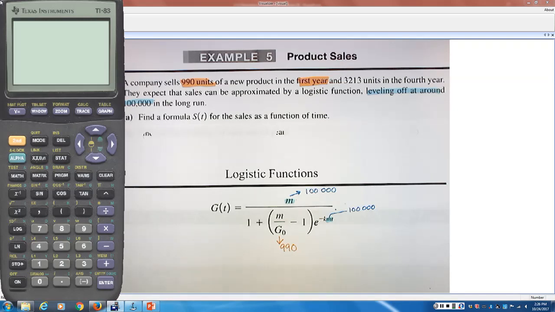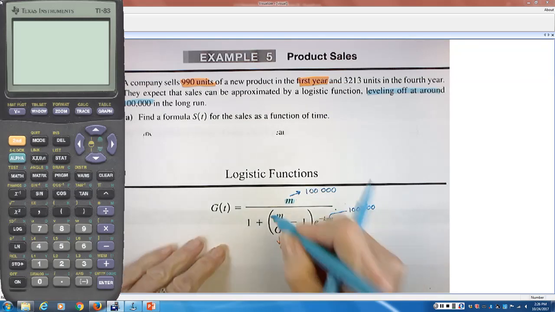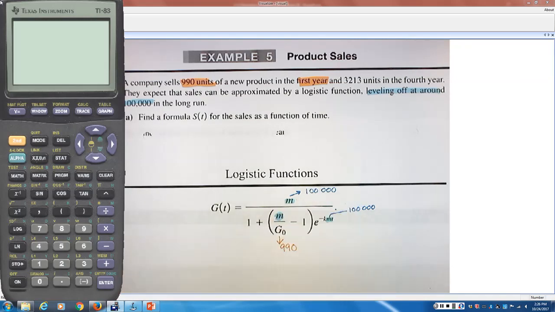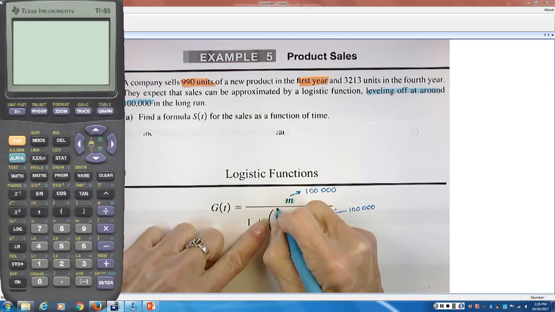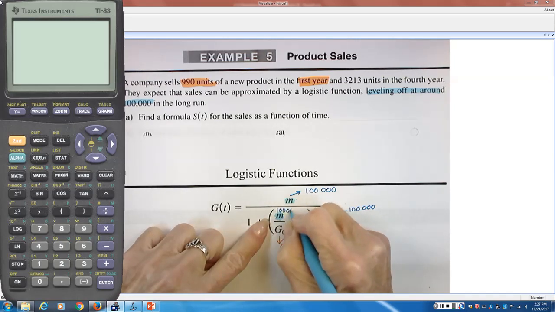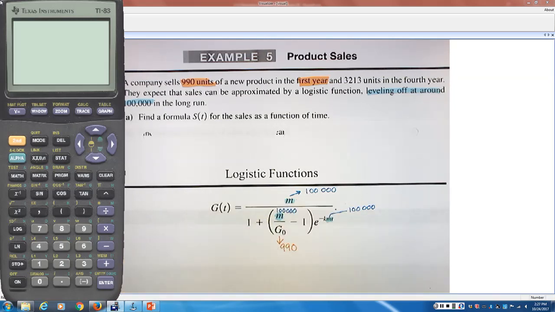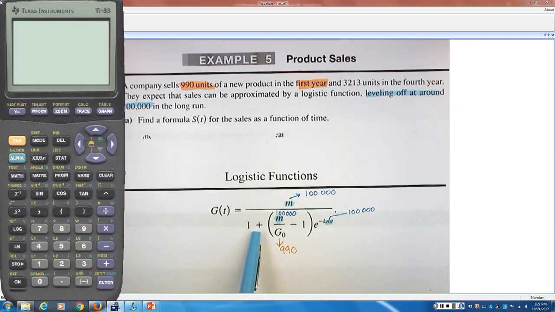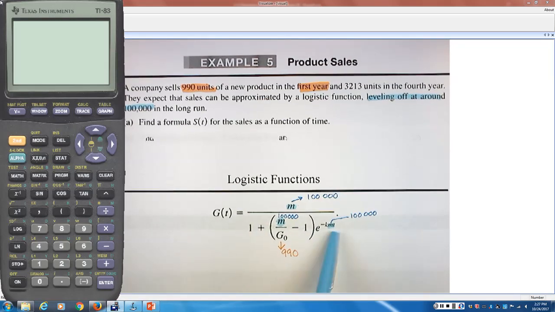Now, m also shows, actually it's in three places, I missed one of them. It also shows up in the numerator over 990. This one stays. This e is just the base. T is time, so that's our variable. What we don't know a value for is k.